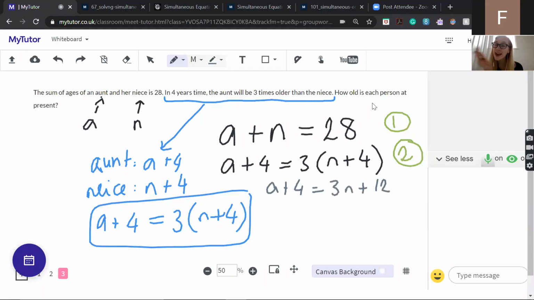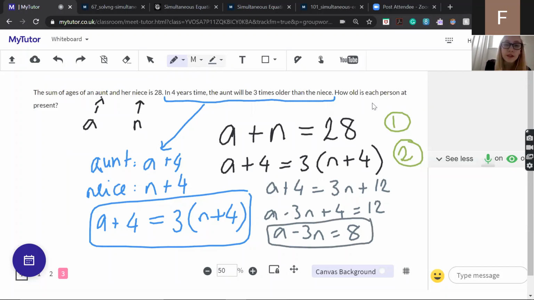Then I'm going to get the a's and the n's on the left and everything else on the right. So a minus 3n plus 4 equals 12, where I've subtracted 3n. And then a minus 3n equals 8, by subtracting 4 from both sides. So now we have this new equation, which we'll call equation 3.